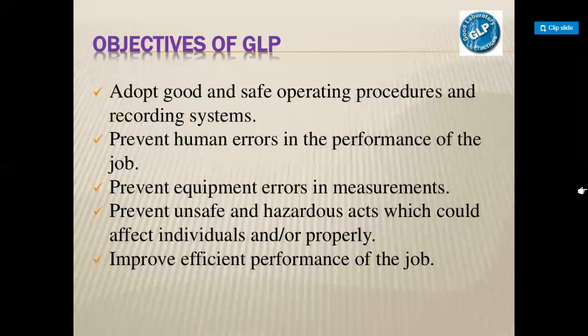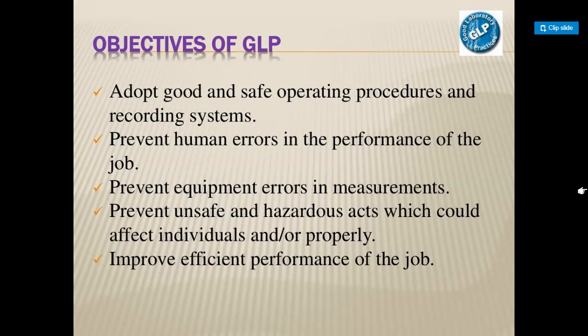The third objective is to prevent equipment errors in measurements. Equipment are machines. The human body is also a machine. The human body can make mistakes, and the machine can also make mistakes. So what are the types of errors?